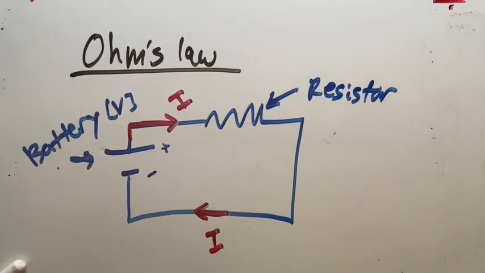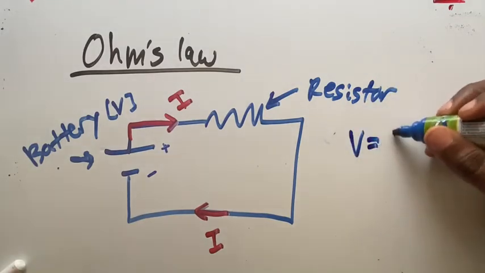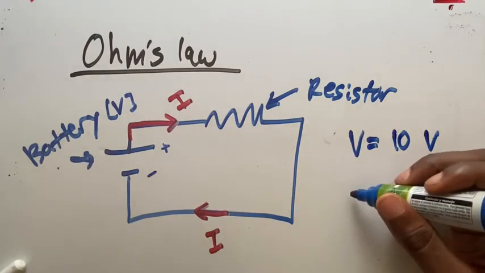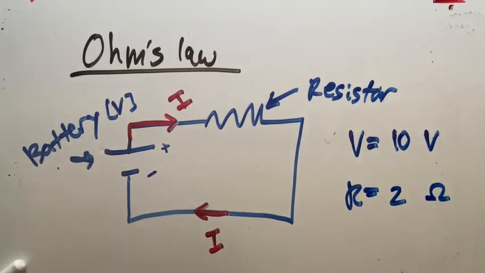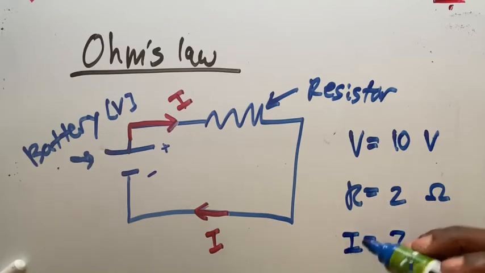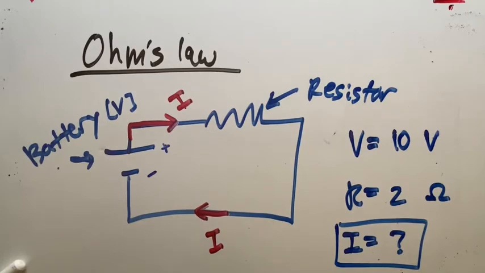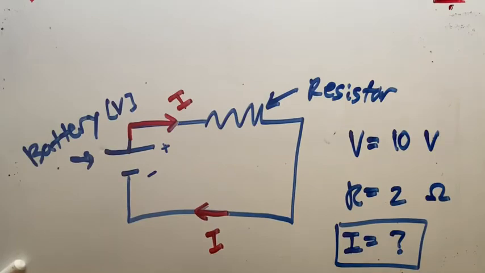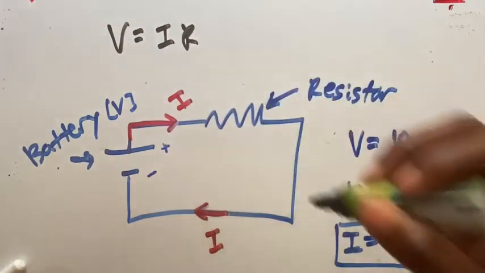So let's say we know the voltage is equal to 10 volts, and we know the resistor R is equal to 2 ohms. What would be the current through this wire? Well, of course, we would just use our Ohm's law, right? Ohm's law says the voltage equals the current times the resistor.